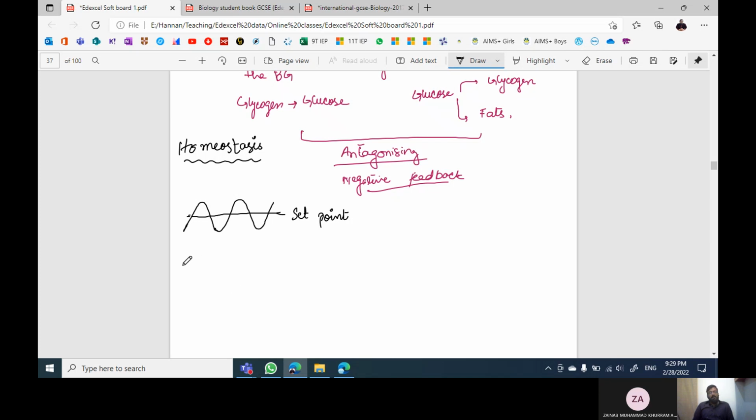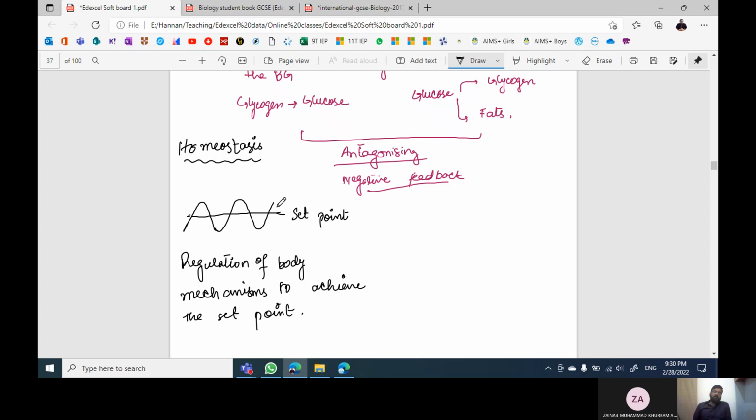This is actually the regulation of body mechanisms to achieve the set point.